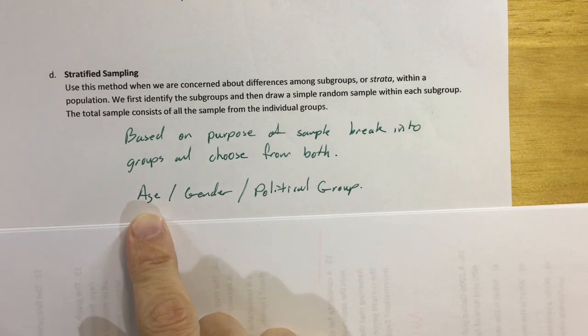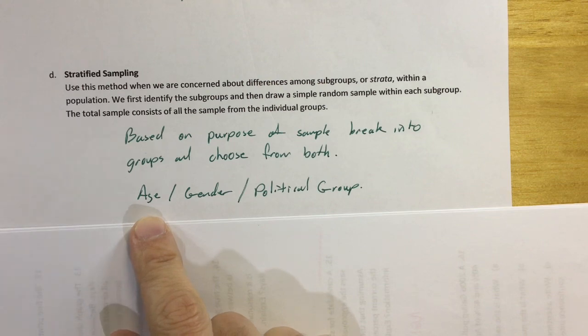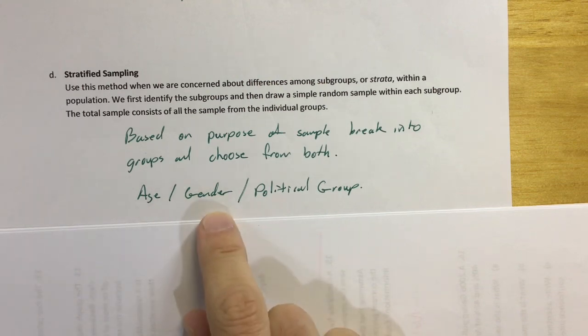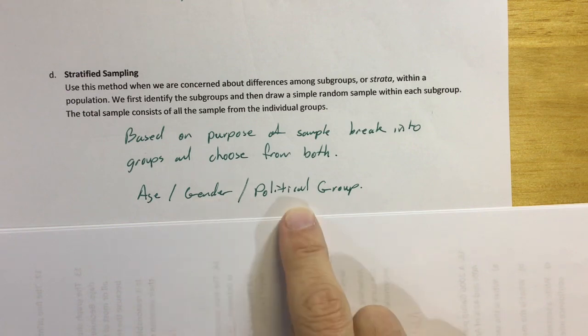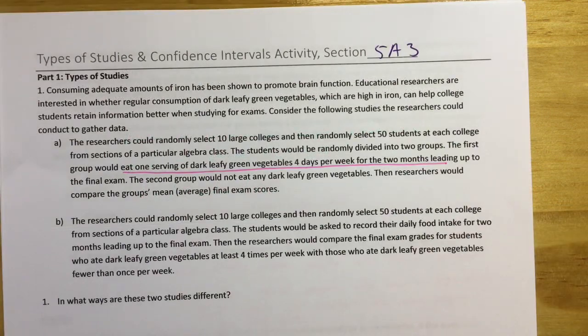So your opinions about life are probably going to be different, and if we're asking some question like that, then you might want to break up into 2 groups and take a little bit from each. Gender, obviously, could be a difference in a lot of things that we talk about, and then political groups, Republican, Democrat, or whatever.